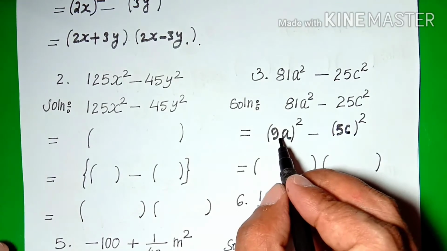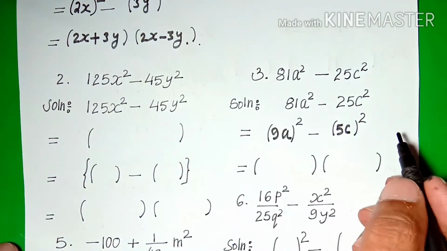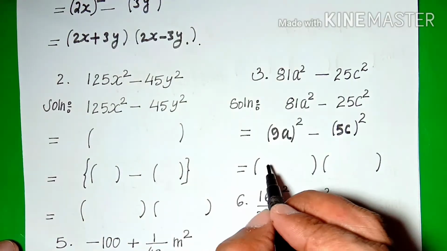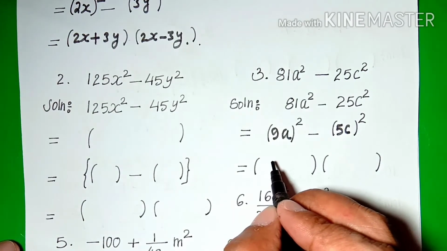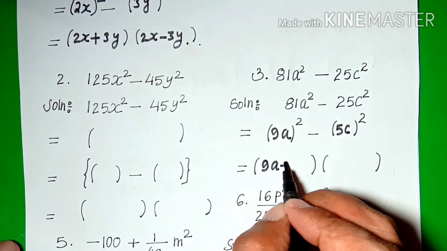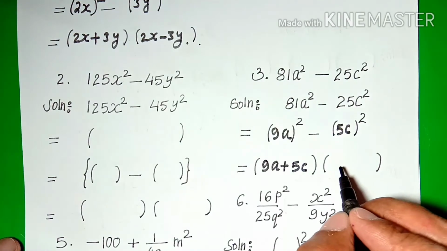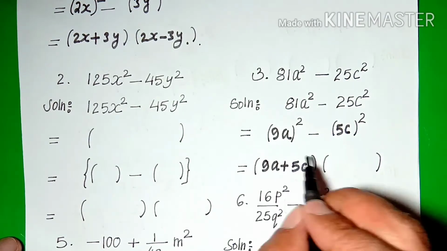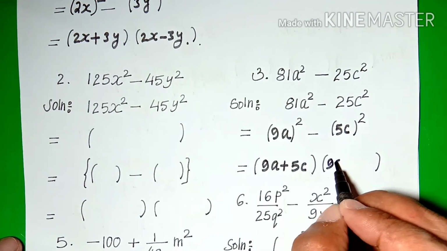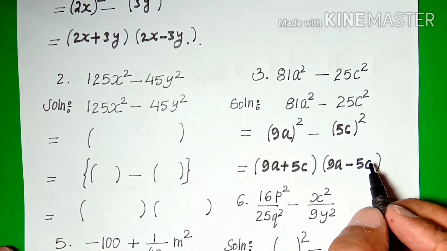That means this is a² − b², which implies first a + b, that is 9a + 5c. Now the second part, a − b, is 9a − 5c.